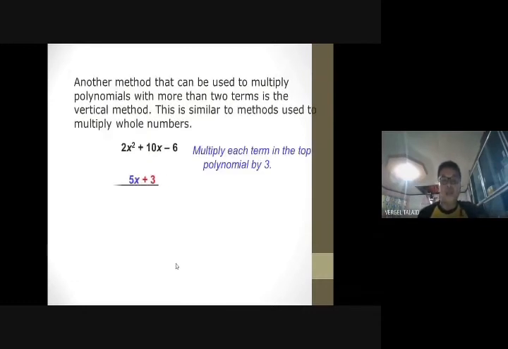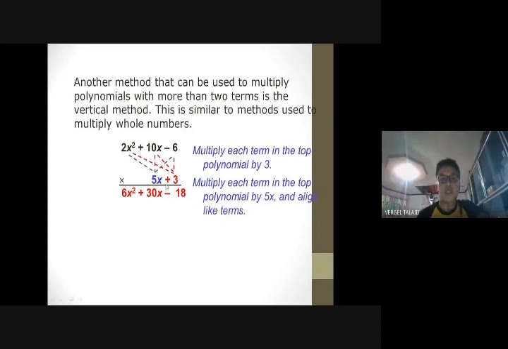Then you can also use this method, just like what we did in multiplying whole numbers. Just multiply 3 by 2x squared, by 10x, by negative 6. That is 6x squared plus 30x minus 18. 3 times 2 is 6x squared, 3 times 10 is 30x, then 3 times negative 6 is negative 18. Then multiply by 5x: 5x times 2x squared is 10x cubed.